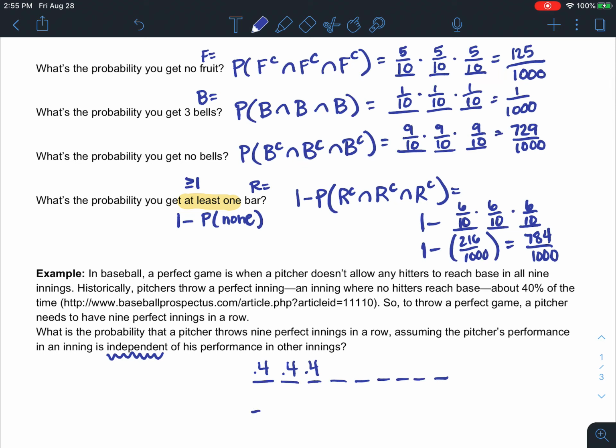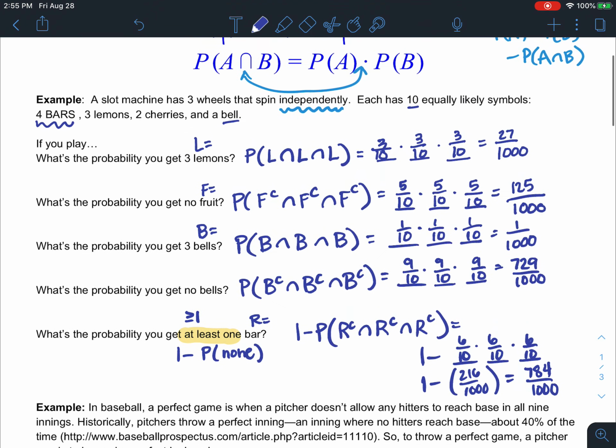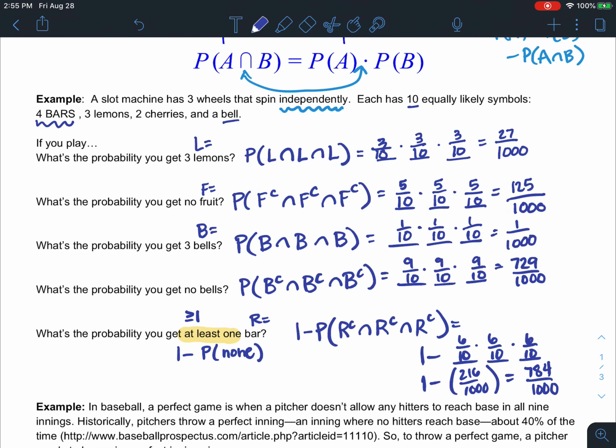So a quicker way for me to write that would be 0.4 to the 9th power. So that is totally fine. And back up here, you didn't have to say 3/10 times 3/10 times 3/10. You could say 3/10 cubed, and that's fine as well.